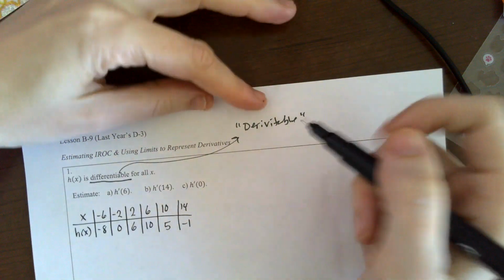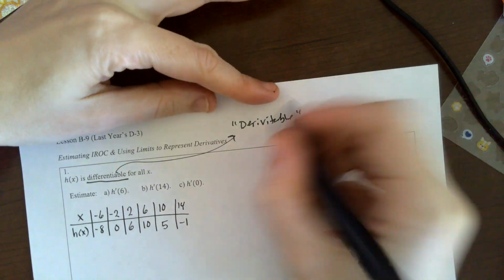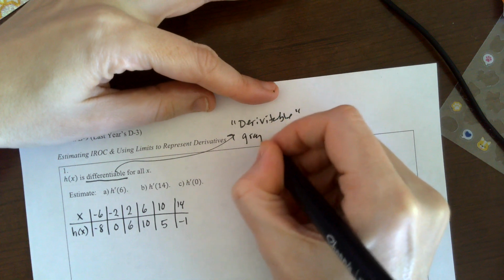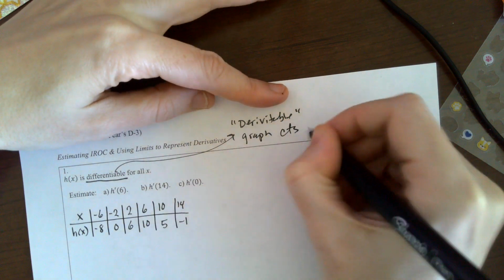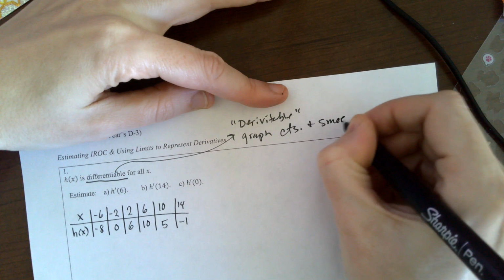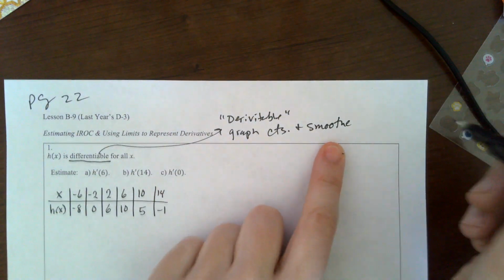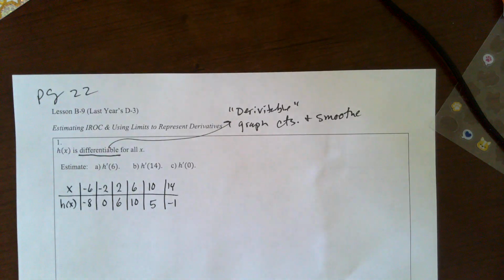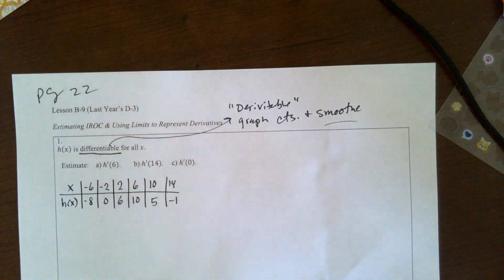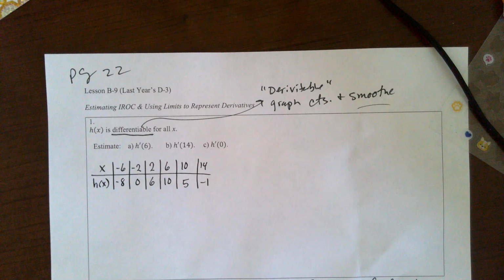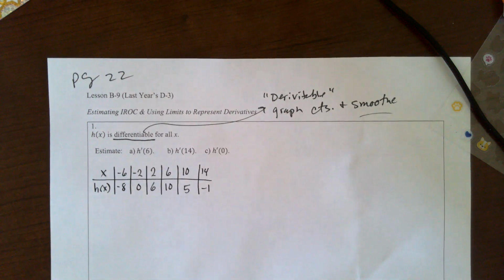And in order for a derivative to exist, the graph has to be continuous and smooth. You're going to learn in the future why smooth is important. We'll learn that shortly.